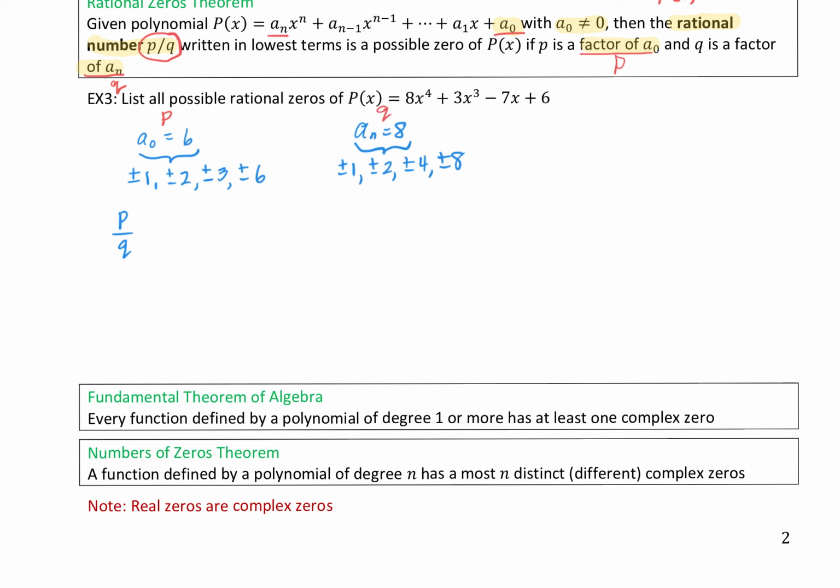So the factors of the constant term are on the top. It would be plus minus 1, plus minus 2, plus minus 3, plus minus 6 over plus minus 1, plus minus 2, plus minus 4, plus minus 8.